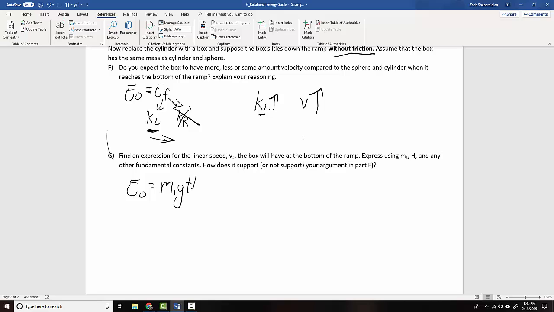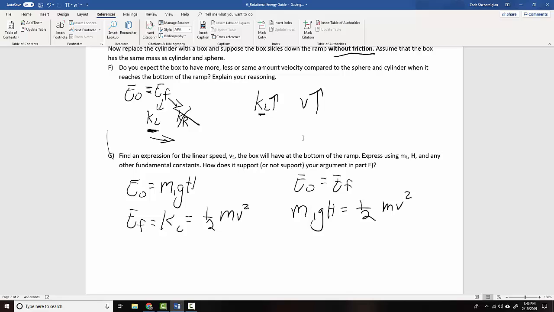Okay, so now again, mgh, that's our starting energy. At the end, the only energy we have is the linear kinetic energy, which will be 1/2 mv squared. So if I do the good old conservation of energy equation and solve for v, 1/2 mv squared, again, masses cancel out. So then v is equal to the square root of 2gh.